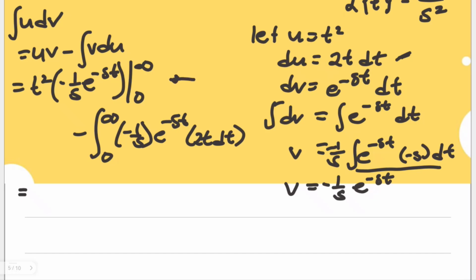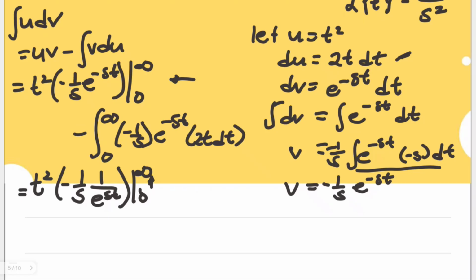As t approaches infinity, this would be written as negative 1 over s times 1 over e to the power of st, from 0 to infinity. As t approaches infinity, the entire expression would reach 0. In short, whatever the value of this is, as t approaches infinity, this would be equal to 0.